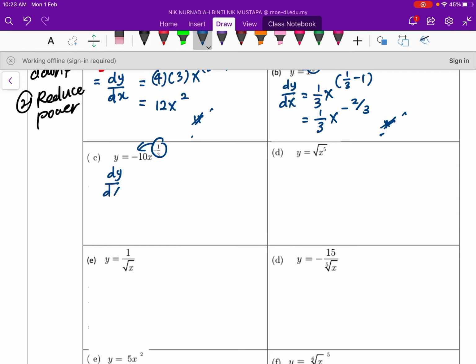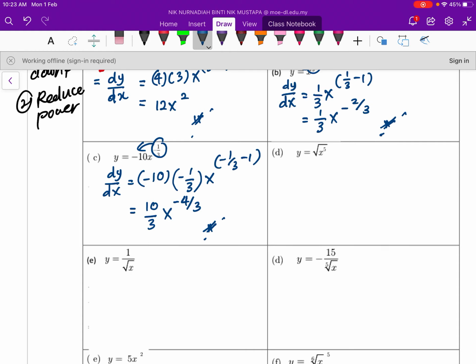So dy over dx is equal to -10 multiplied by -1/3 x to the power of -1/3 minus 1. So it will become 10/3 x to the power of -1/3 minus 1. -1/3 minus 1, the answer is -4/3.